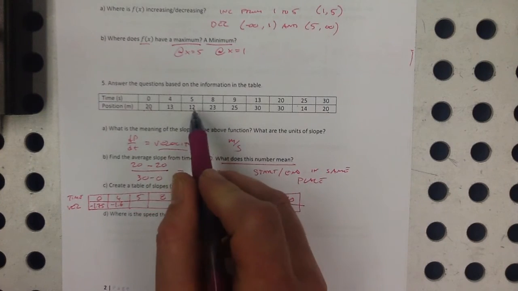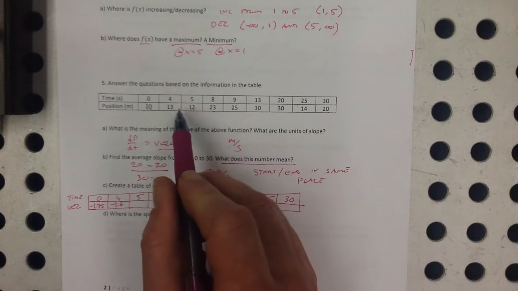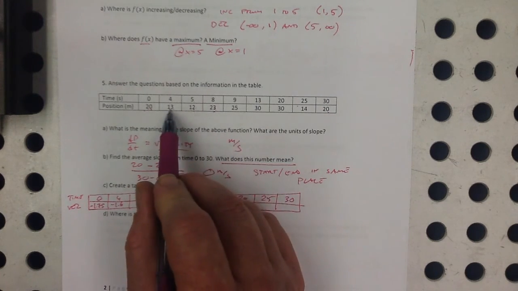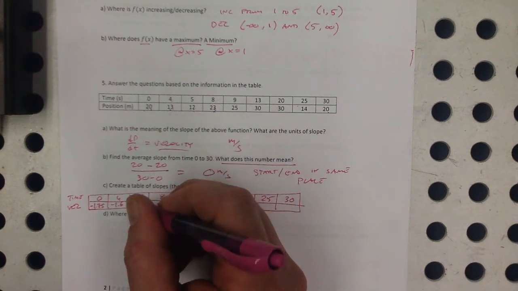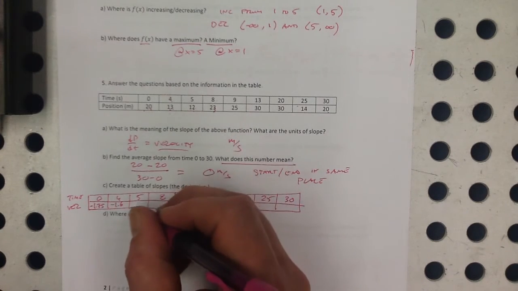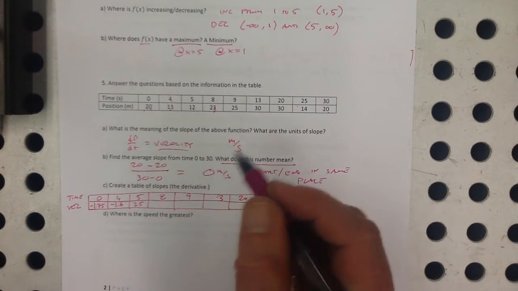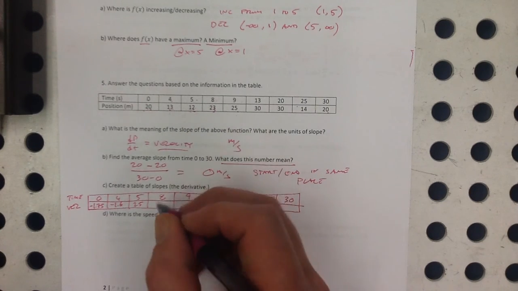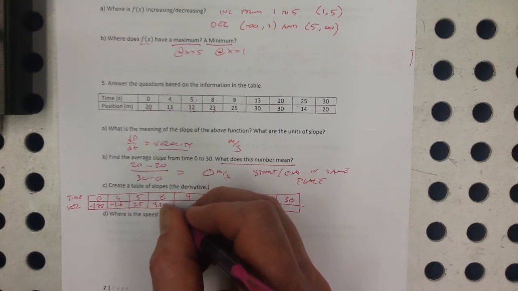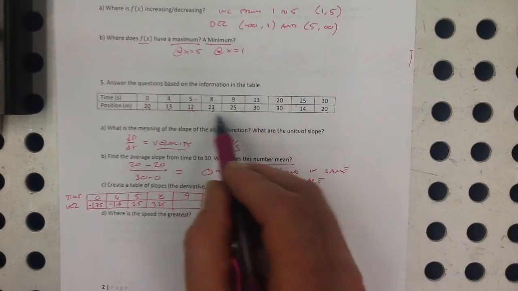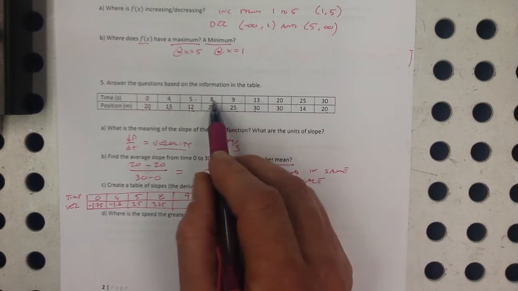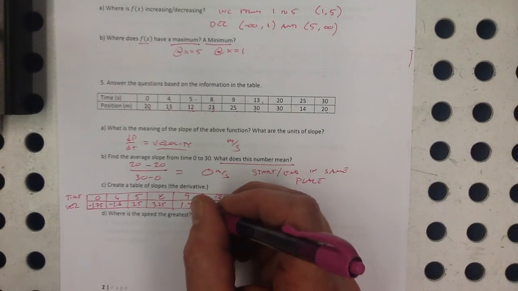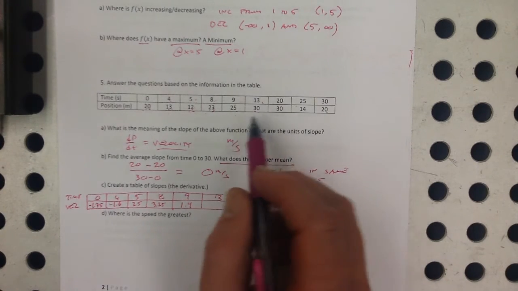And then for 5, I use the 2 on either side, so that's positive 10. I'm going up 10, so that's 10 over 4, positive 2.5. To get at 8, looks like I go up 13 over 4, so that's 3.25. For 9, go up 7 over 5. So that's 1.4. I hope I'm not making any mistakes here.